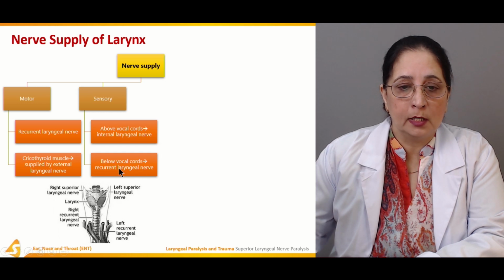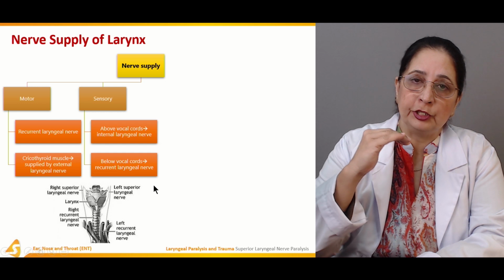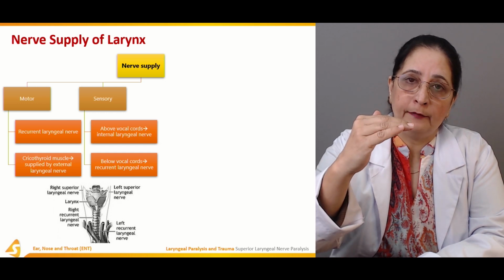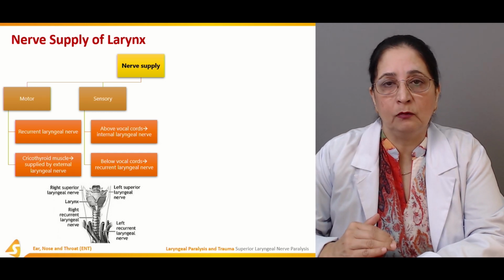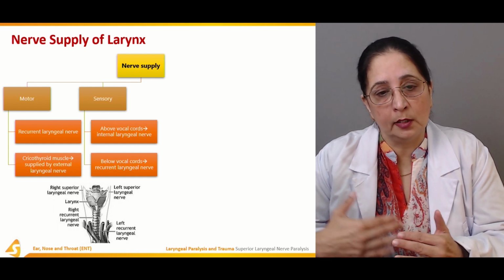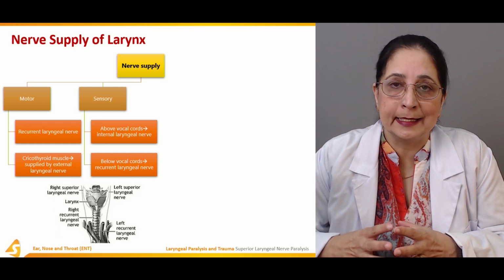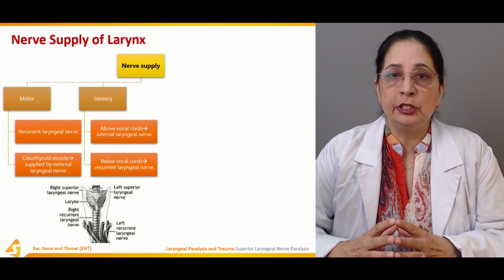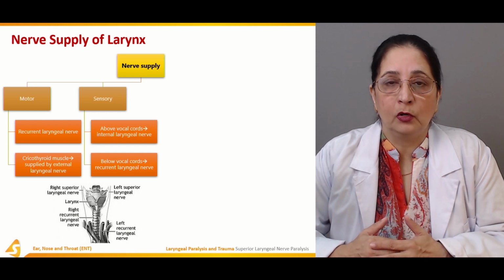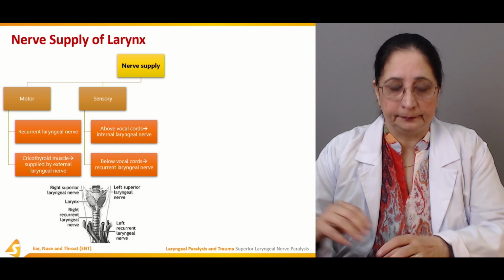Below vocal cords, it's recurrent laryngeal nerve. So again, sensory functions are divided into above the vocal cords and below the vocal cords. Nerve supply is different above the vocal cords and below the vocal cords. Above the vocal cords, it's internal laryngeal nerve. Below the vocal cords, it's recurrent laryngeal nerve.